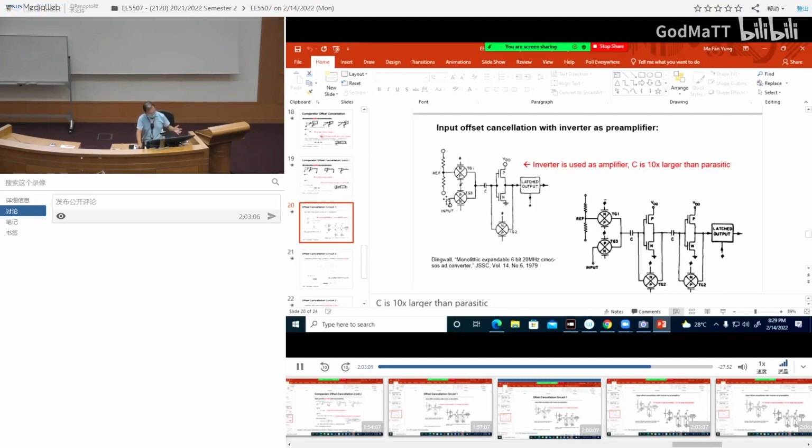That means input minus this voltage, minus the reference point, and then the inverter will just do the amplifying. So in this case, what we call the offset of the inverter is actually the operating point of the inverter.